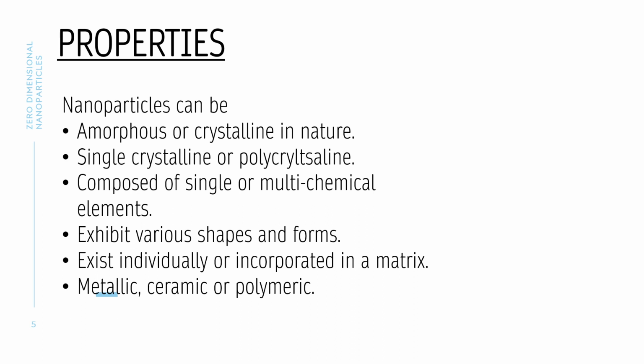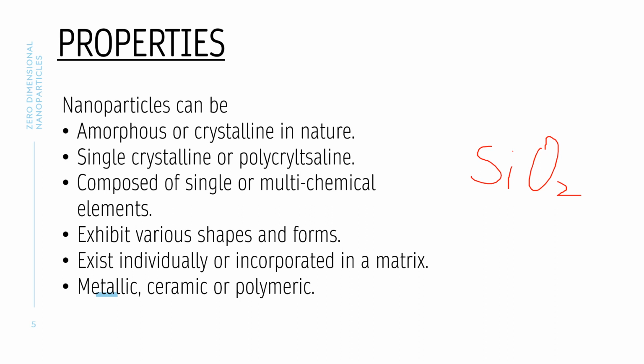Now, as discussed, colloidal silica is nothing but silicon dioxide. As you can see here, silicon dioxide is composed of both silicon as well as oxygen. So this is an example of multiple chemical elements.